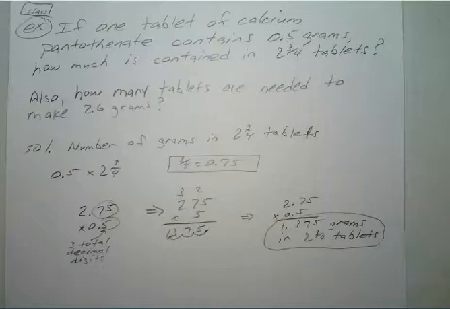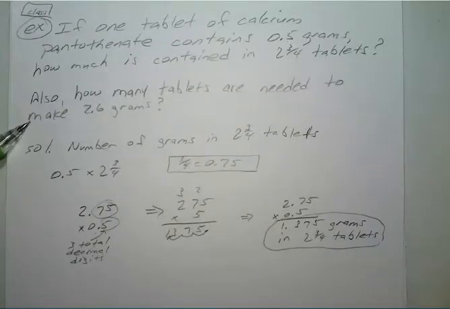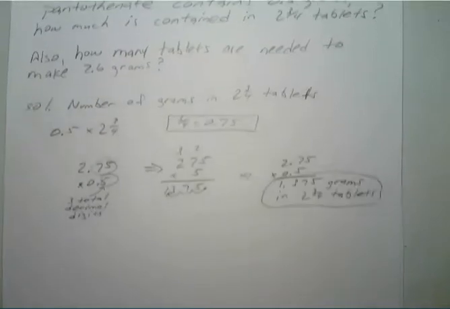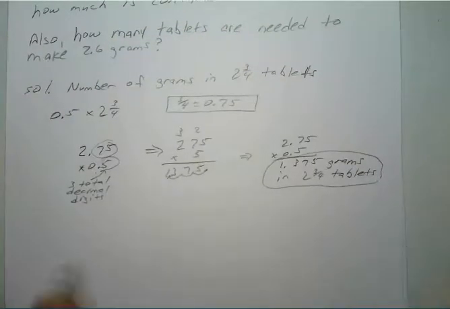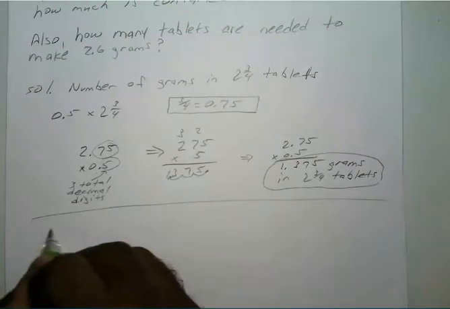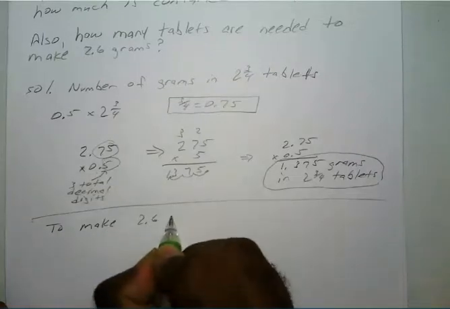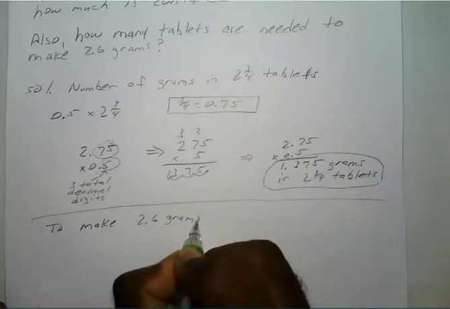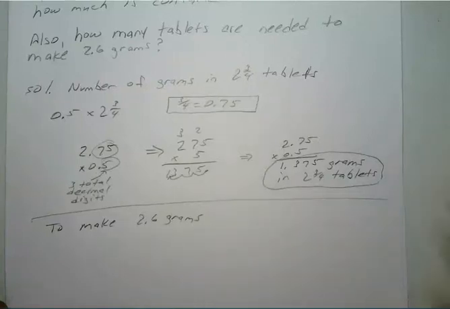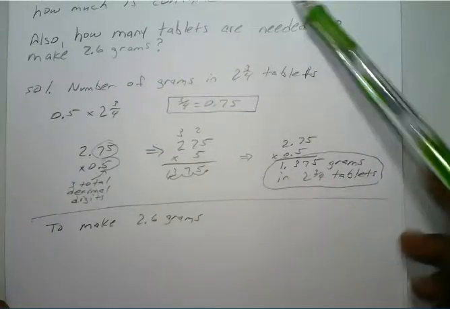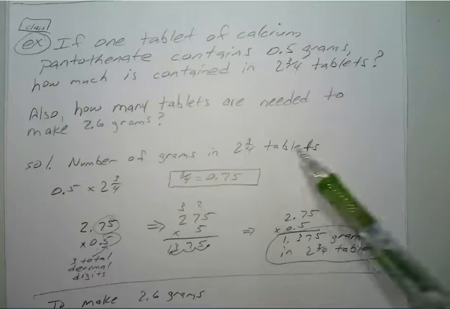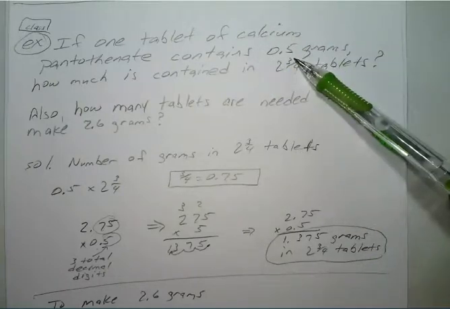Now the next question asks, how many tablets are needed to make 2.6 grams? We know 0.5 grams is in 1 tablet.